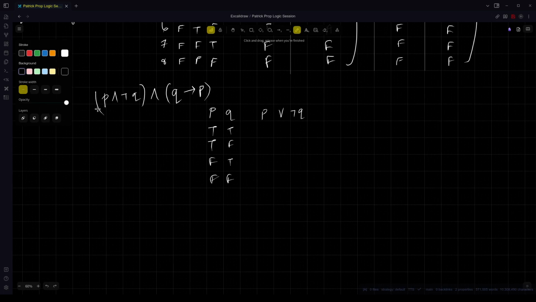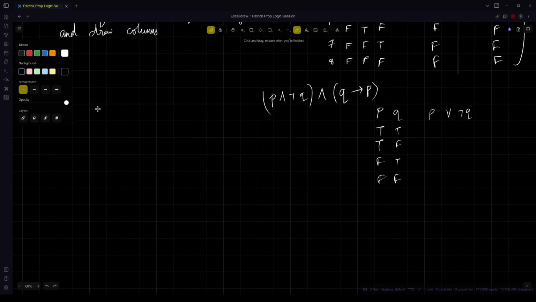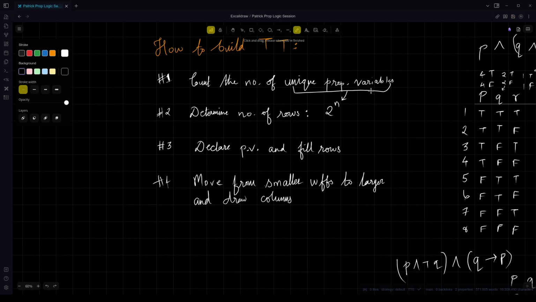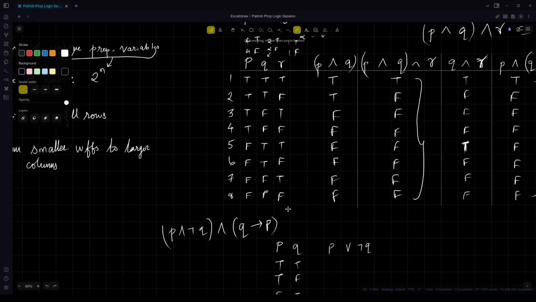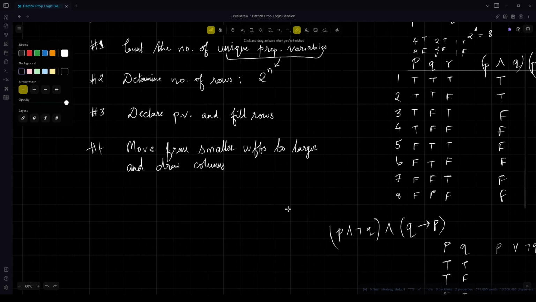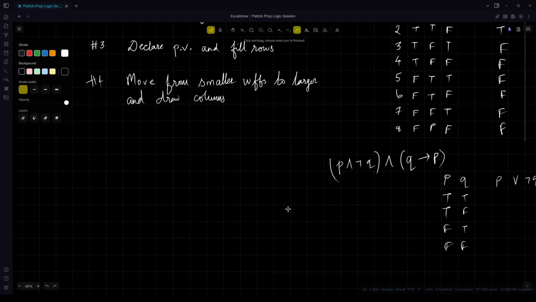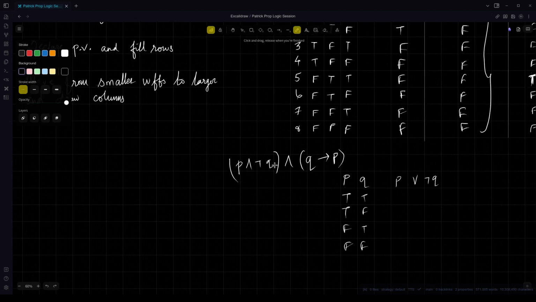So what you do is, again, step number 1, count the number of unique propositional variables. We have counted them to be 2, right? And we have declared the variables, so that's step 2. We are counting as the first step P and Q. Second step is you determine the number of rows you need, which is 4. We have done that. We have done step 3, which is to fill all the rows corresponding to the propositional variables.